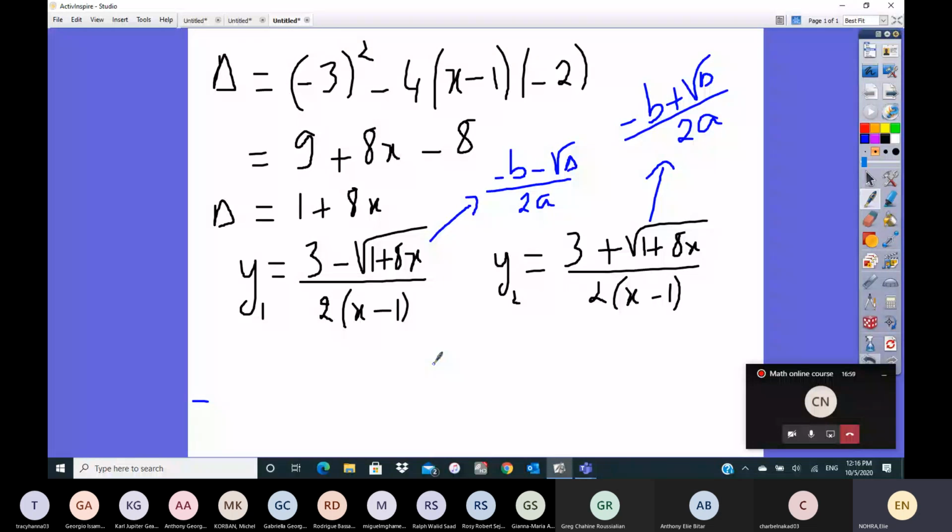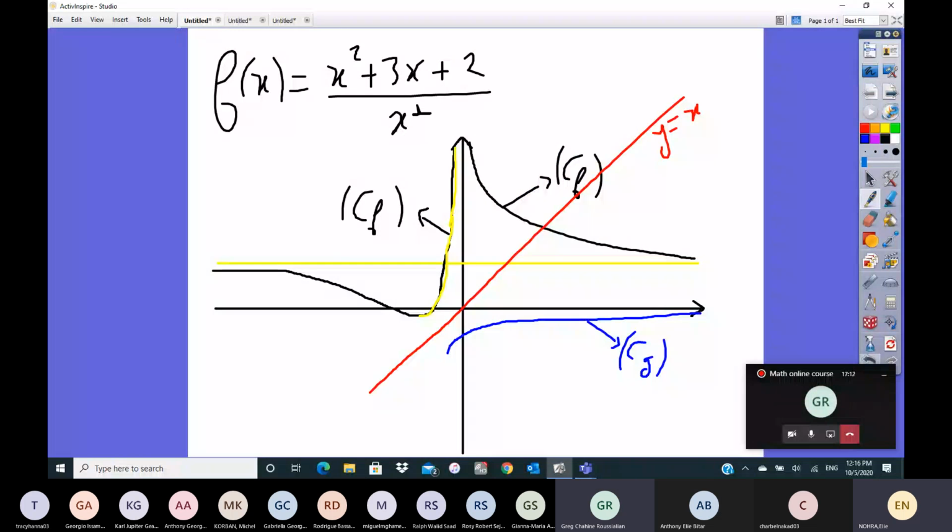Greg, you suggested you wanted to explain how we would find the correct one, whether it's the first or the second. How do you proceed? Okay, so we have the inverse function below y equals 0, so the image, the y, should be negative. If it's positive, it won't be the correct one.